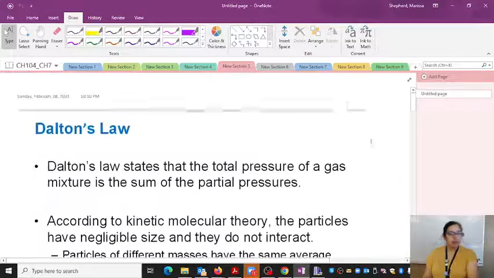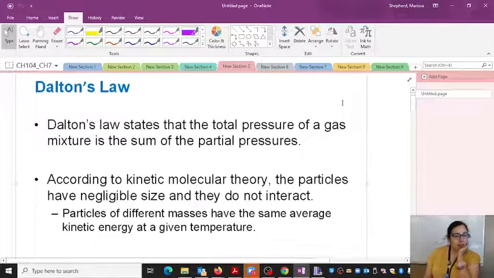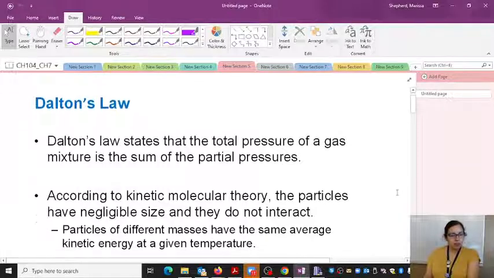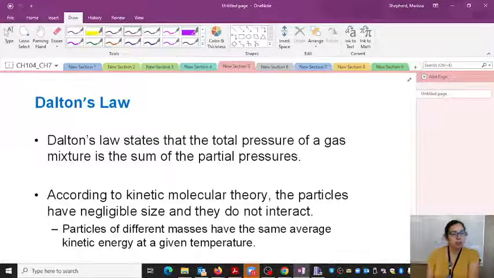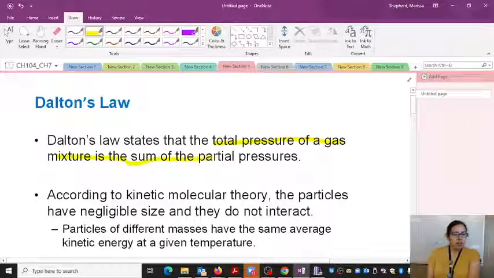Alright, so now let's look at Dalton's law. All Dalton's law is stating, this is pretty simple, is that the total pressure of a gas mixture is equal to the sum of the partial pressures.